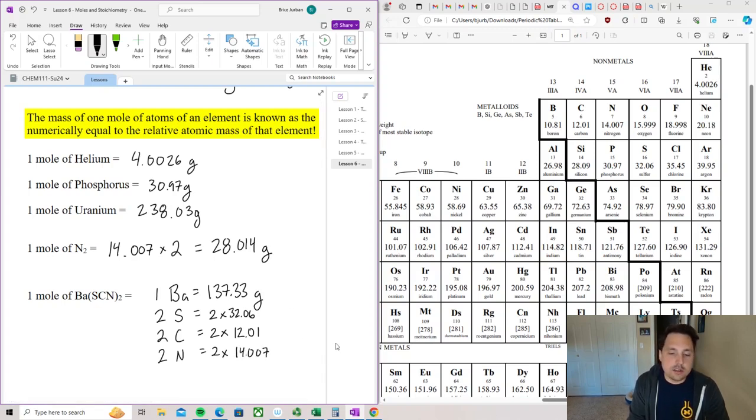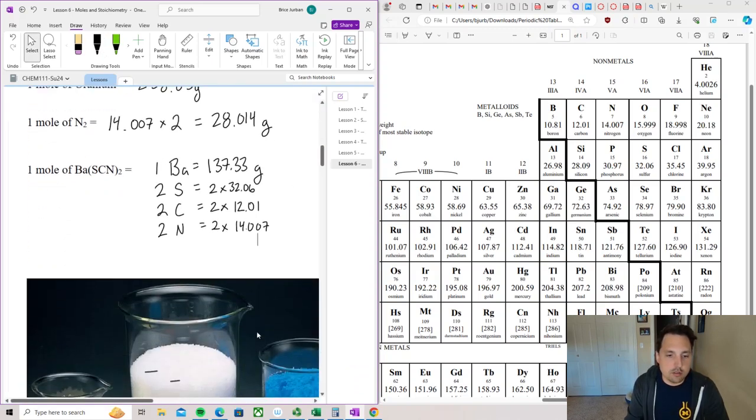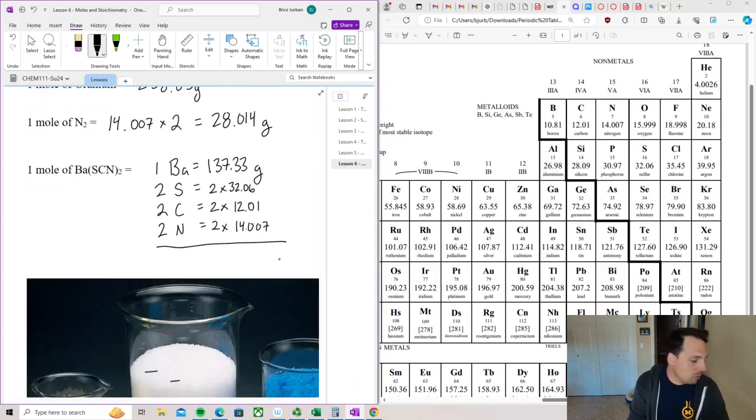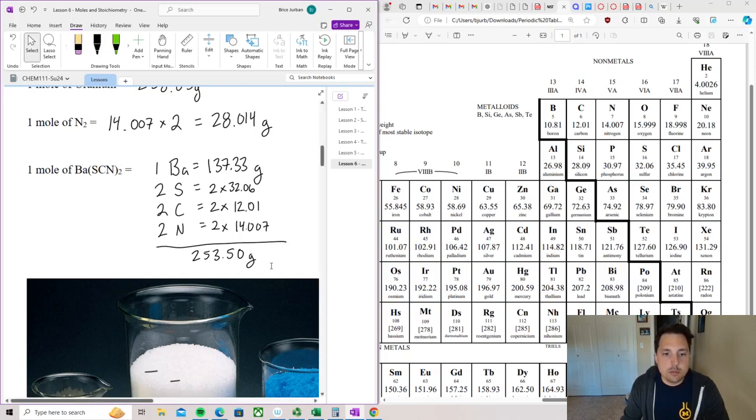It's good practice to use all the numbers that are on our periodic table so that we don't introduce any rounding errors. All right, so when we add this all together, we should get 253.5. So that's how many grams there are in 1 mole of barium thiocyanate.